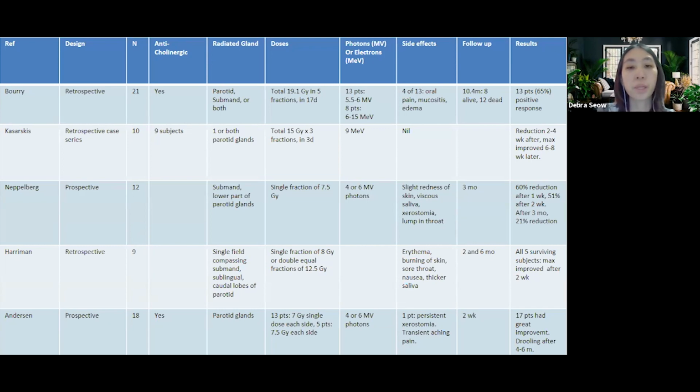So you can see that the total 19.1 grays in 5 fractions in 17 days for Bori. Then there were also single fractions of 7.5 grays. But we did find that in all of them there's always improvement. For example, for the Anderson study at the bottom, you can see that 17 patients had great improvement, but they started to drool after about 4 to 6 months.